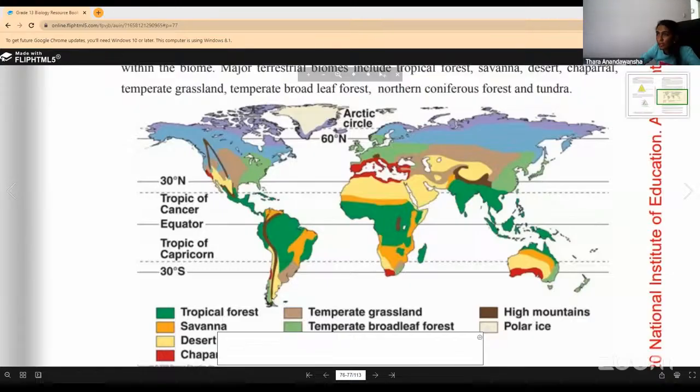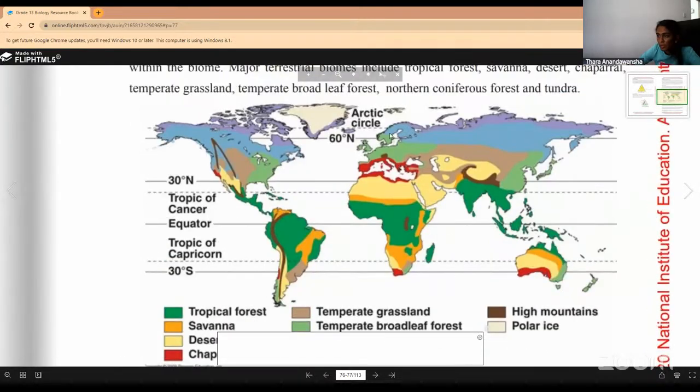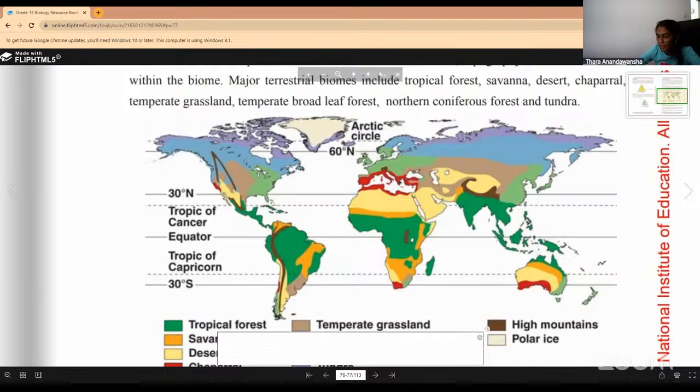The second one given here is coniferous forest. Coniferous forest is given in blue color. Yeah, it is coming up next. And then temperate grassland. Temperate grassland is given here in brown color. Yes, that is also found next.